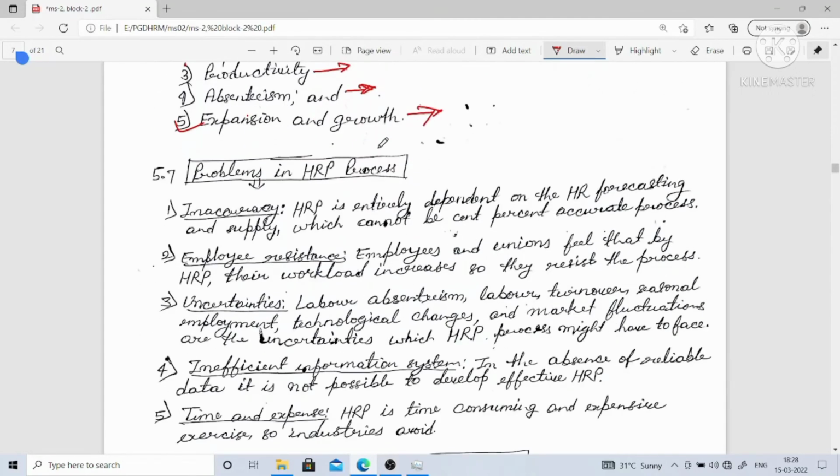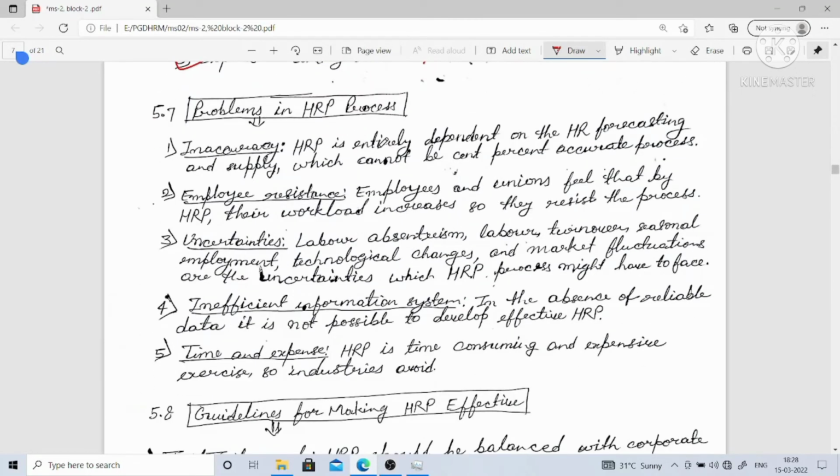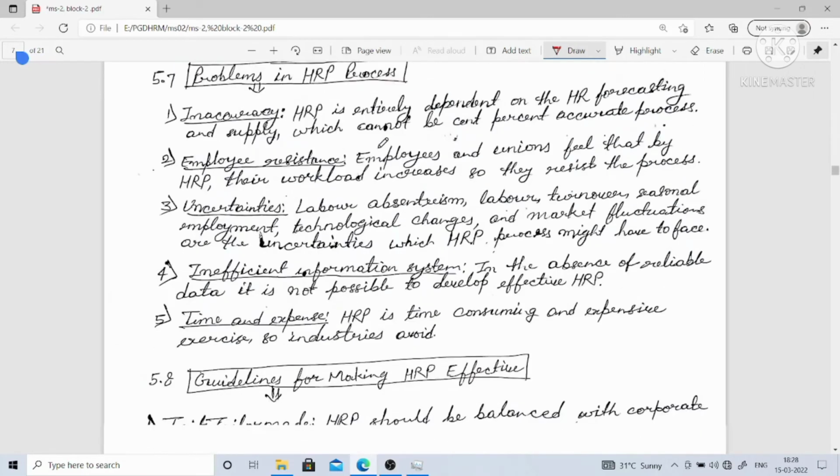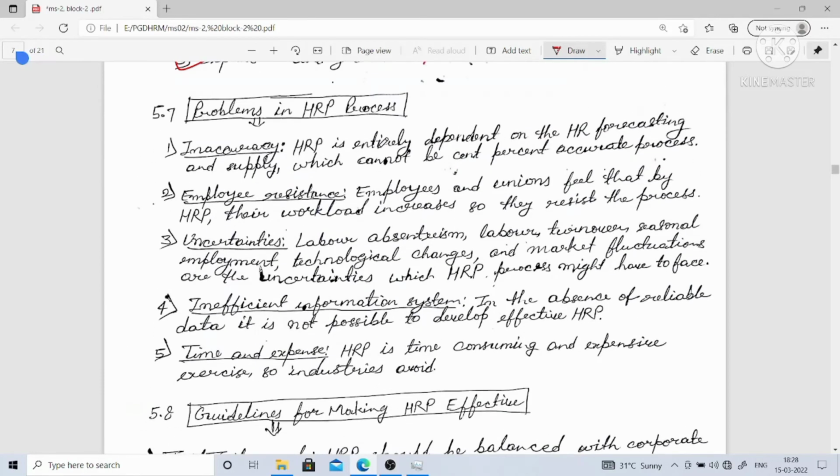Problems in the human resource planning process. What are the different kinds of problems which occur when an HR manager tries to forecast the number of people required at present and in the future? First is inaccuracy. Human resource planning is entirely dependent on human resource forecasting and supply, which cannot be a 100% accurate process.